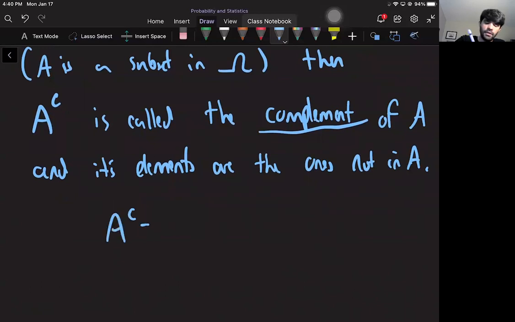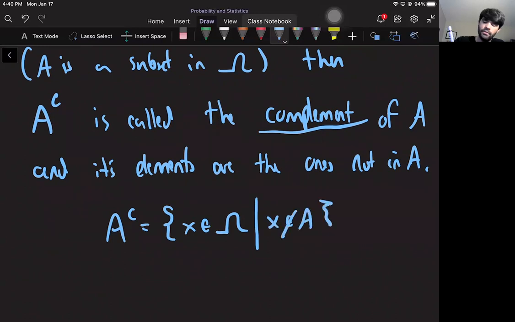So in set theory notation, we would write something like this. It's the X's that are, you still got to be in omega. You got to live in this bigger space, the sample space. But it's the stuff that's not in A. So you would write it like this.